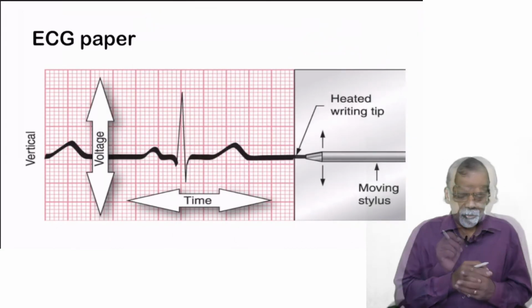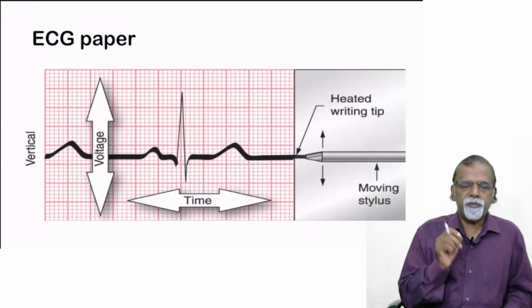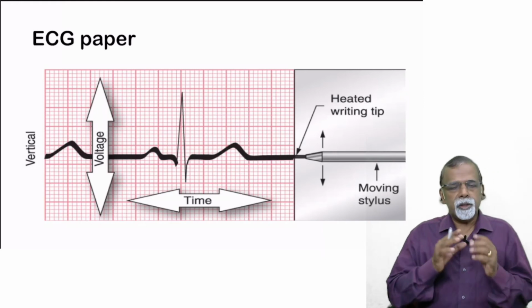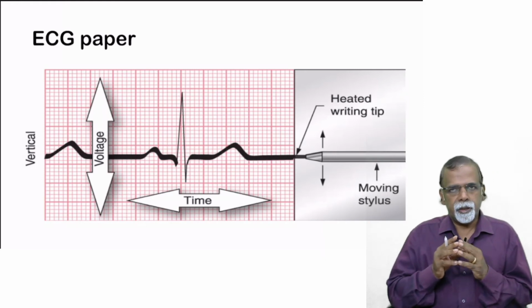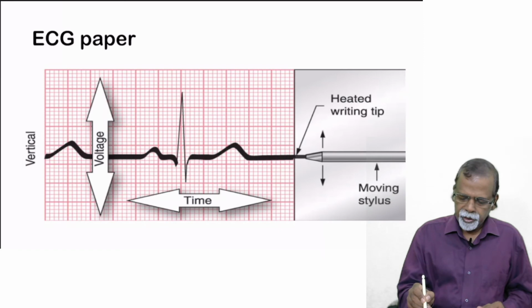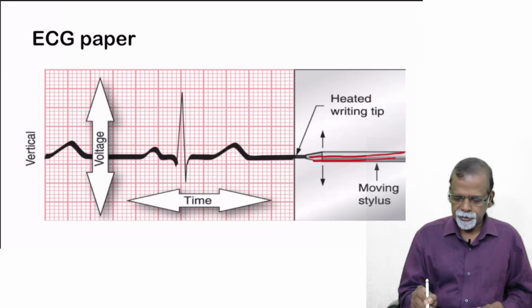Now we go into some features of the ECG paper. To know this is important to calculate the rate and other things and the intervals. As you know, the electrocardiogram recording is by a stylus. The stylus is heated.